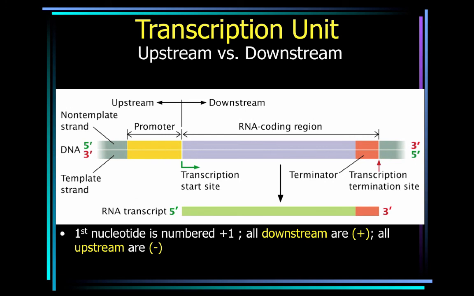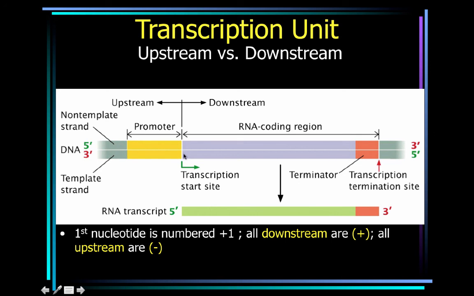So when we talk about upstream versus downstream, this all has to do with the location of the transcript start site. The first nucleotide is going to be numbered +1, and that's going to be downstream of the start site. Anything that is downstream of that start site is going to be signified by a plus.